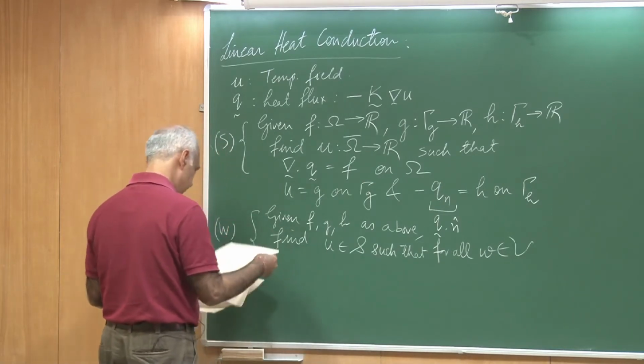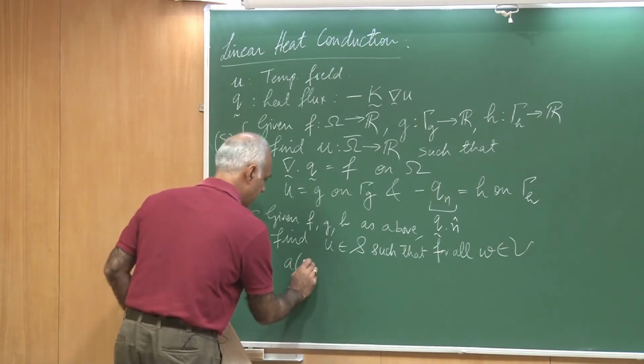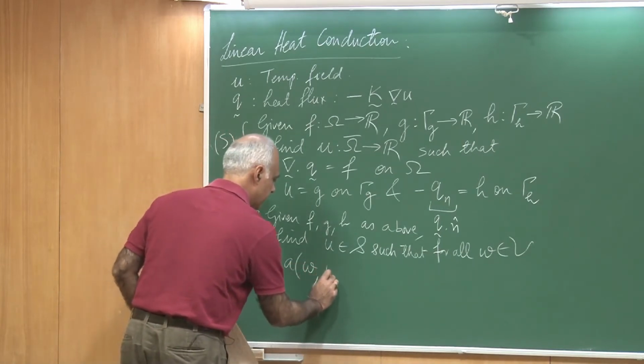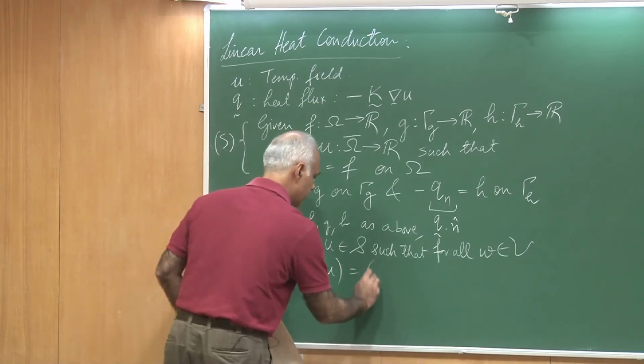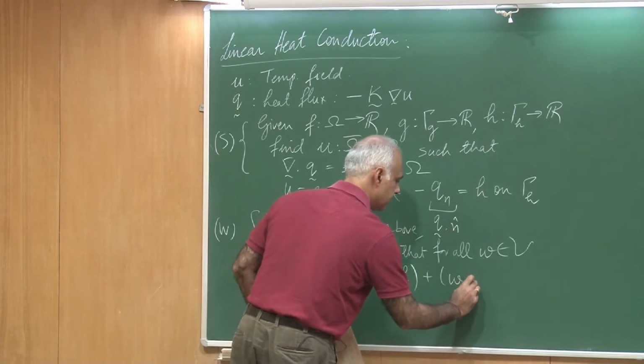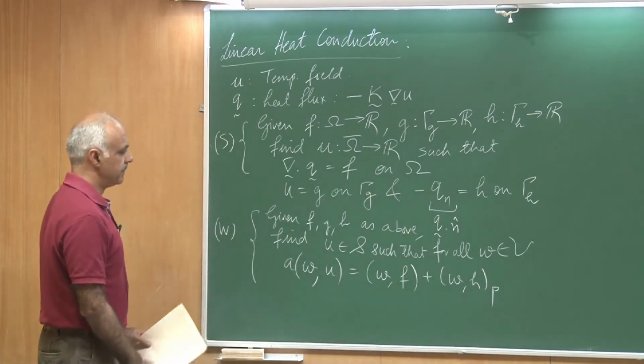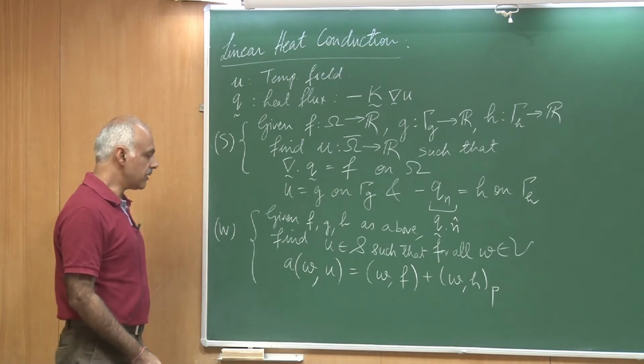It is essentially A of W, U is equal to W F plus W H on gamma h.